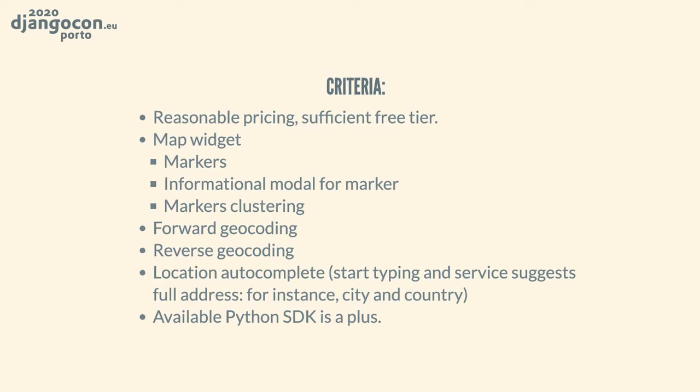We had plenty of markers on the map already, so we needed to group them into clusters, which we already had in Google Maps. As for geocoding, we needed both forward and reverse geocoding. Last but not least, we use location autocomplete, and it would be nice to have a similar one on the new service as well. And a native Python SDK would be cool as well.